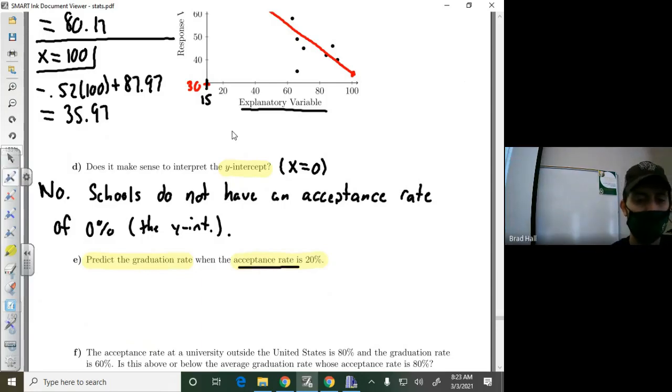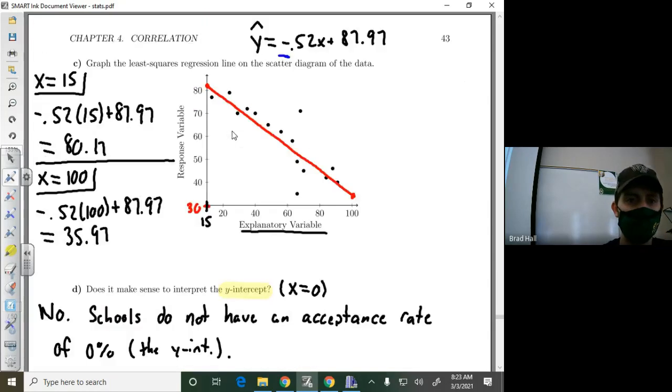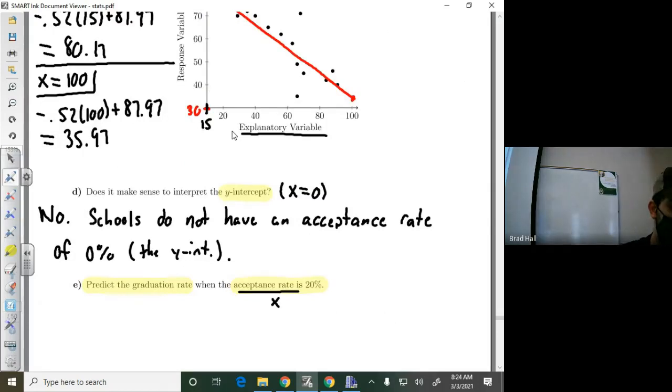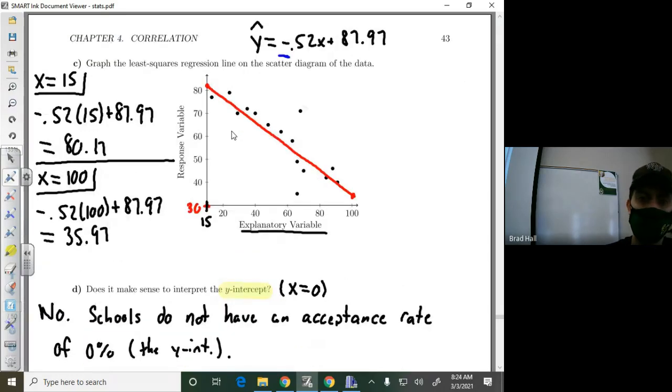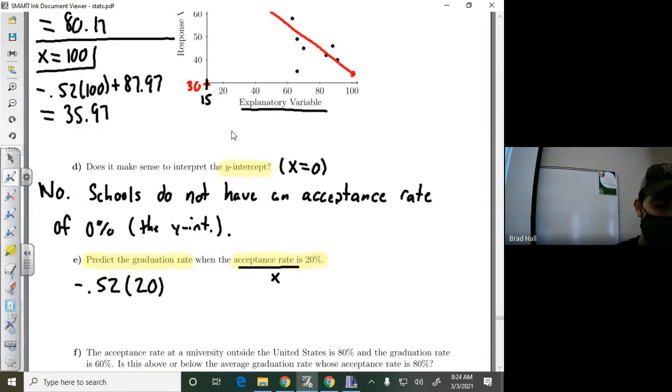So the acceptance rate, remember that's the x. So our formula that we had was negative 0.52x plus 87.97, where now we can plug in 20.